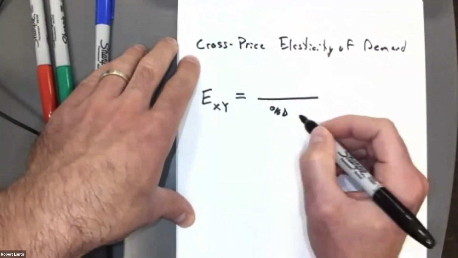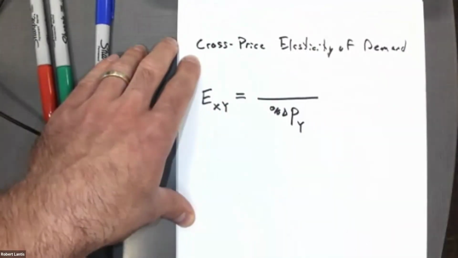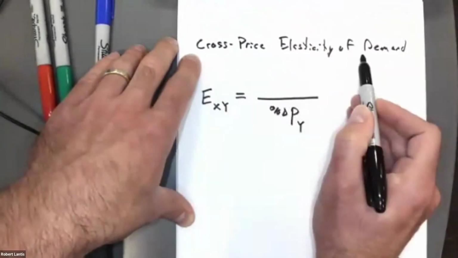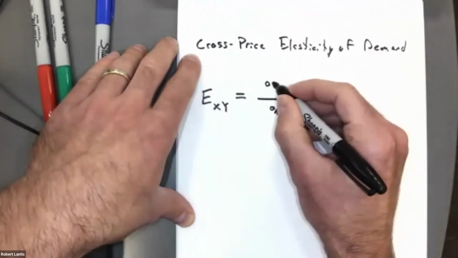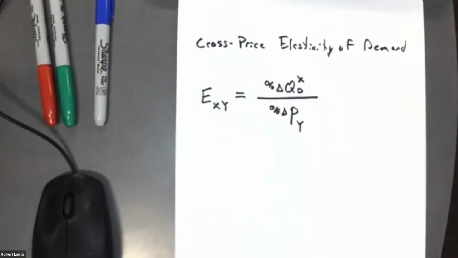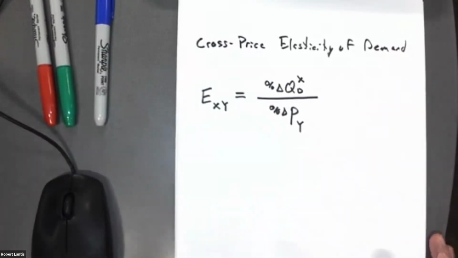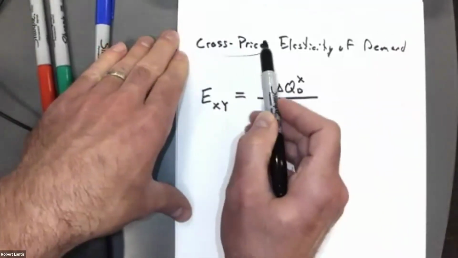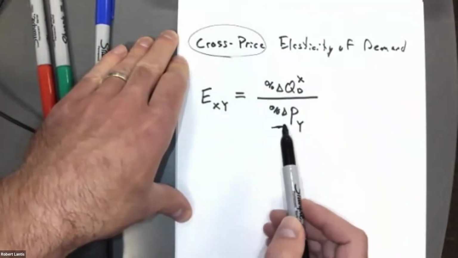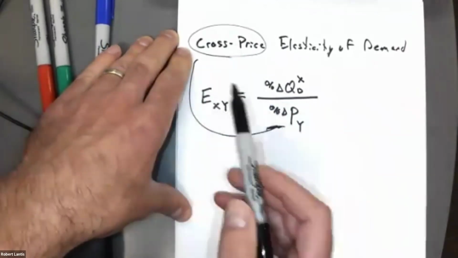It's the percentage change in the price of another good, good Y. And then we want to know, how is the quantity demanded responding for good X? So it still follows our same principles as the price elasticity of demand in the sense that the first word is going to be in your denominator. It's the thing that's initially changing, the price of some other good, cross price.